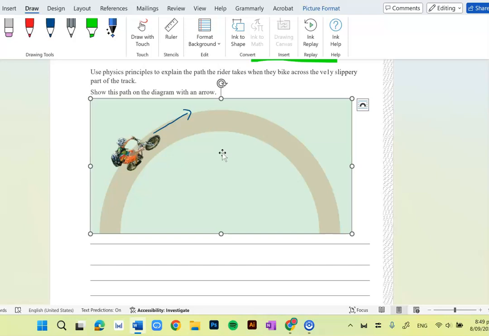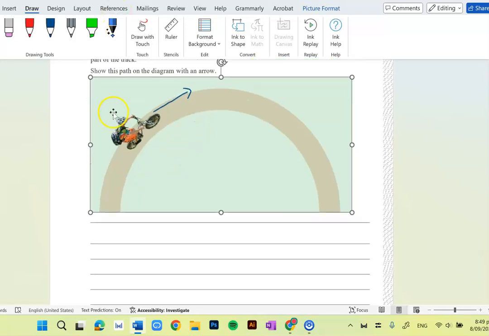But then when it reaches this very slippery part, that friction will be gone, okay? It just disappears. So there's no friction, that means there's no centripetal force, and then that means it won't be traveling in a circle anymore, so the bike will just carry on in a straight line at a constant speed tangent to the circle. So let's write that down.